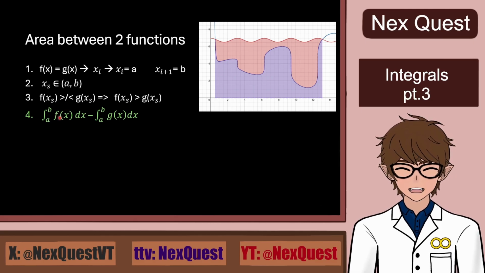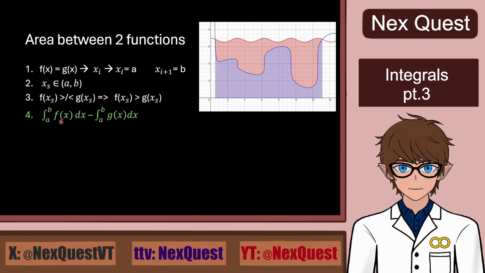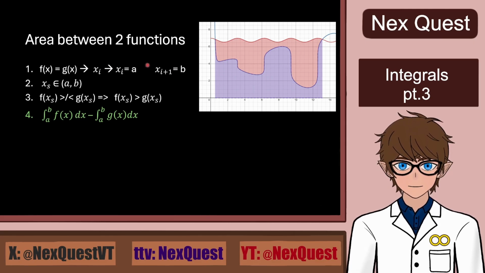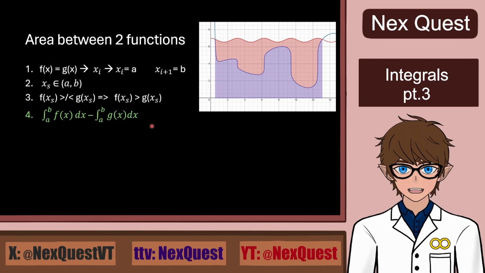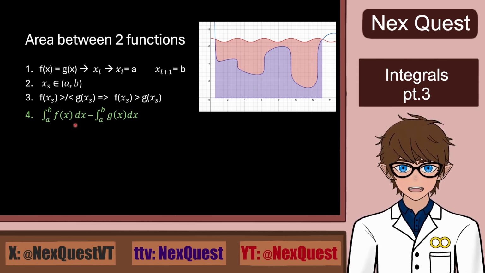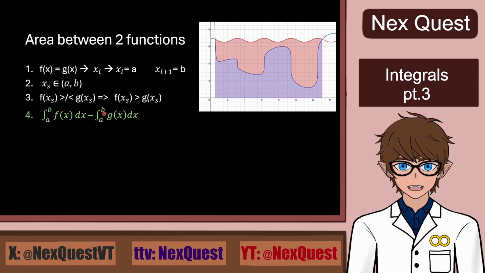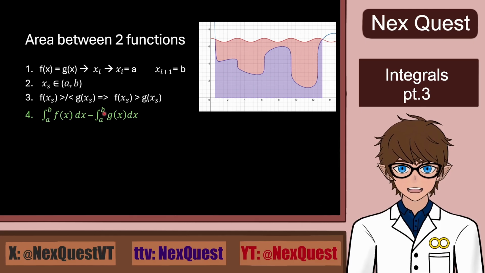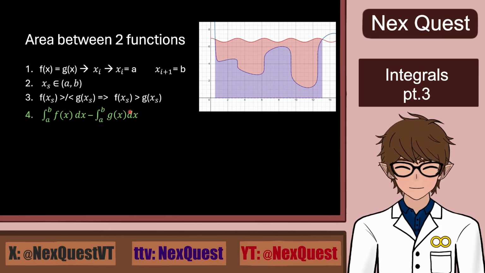And then we write the definite integral for each of the functions between the values a and b, so our two consecutive xi's, and take the difference, so subtract the bottom one from the top one. This is important because the sign of the sum of the surface matters. The sign will change regardless of where the functions are, either under or above the x-axis.